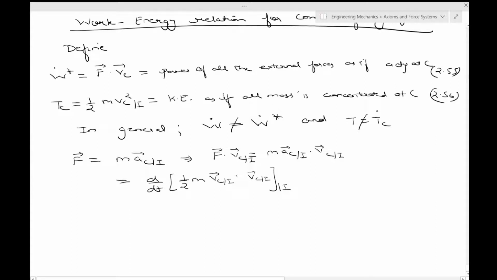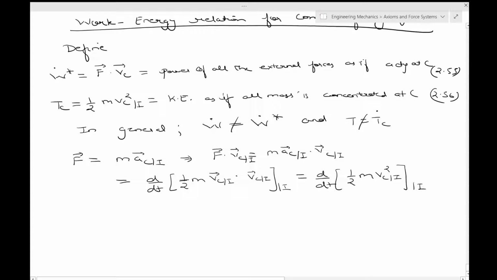If you apply the chain rule, one of them will become an acceleration, the other will remain the velocity, and a dot b equal to b dot a will be used. So this can be written as d by dt of half m vC square in the I frame.